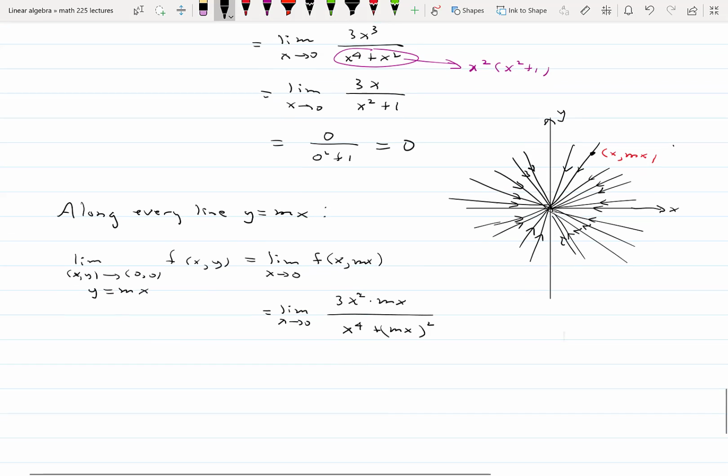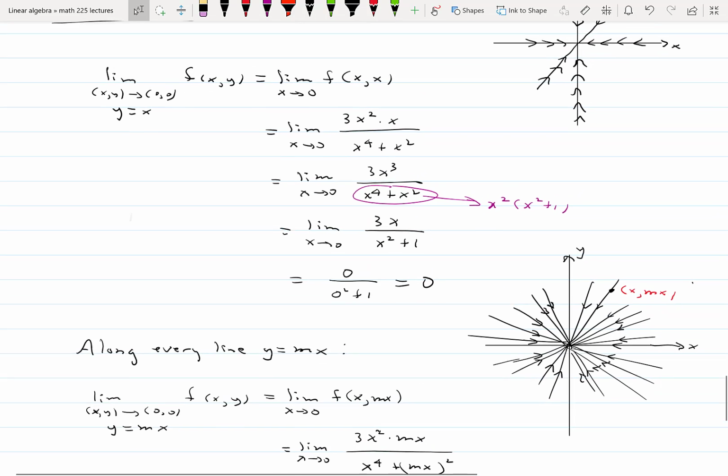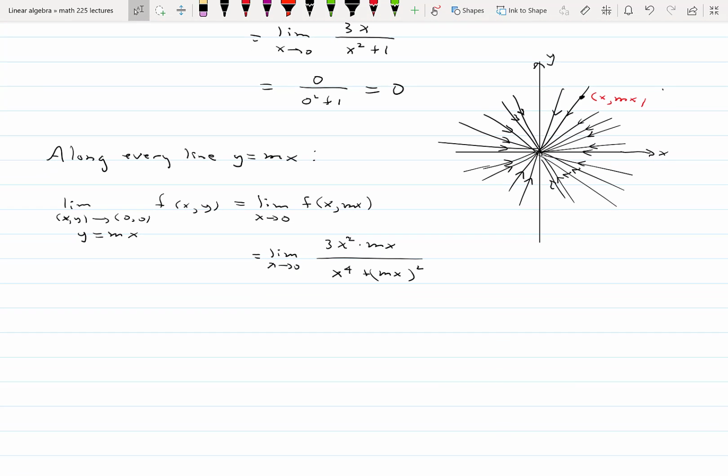All right, so let's do this. I want to make sure that I got the right function: 3x squared y over x to the 4th plus y squared. Okay, so this is the limit as x approaches 0 of 3mx cubed over x to the 4th plus m squared x squared, where m is just a fixed slope of a typical line.